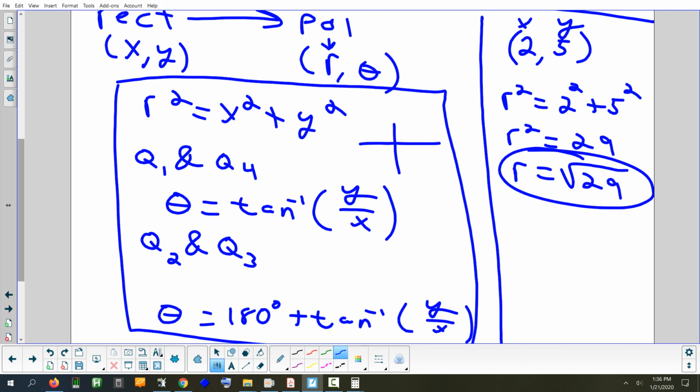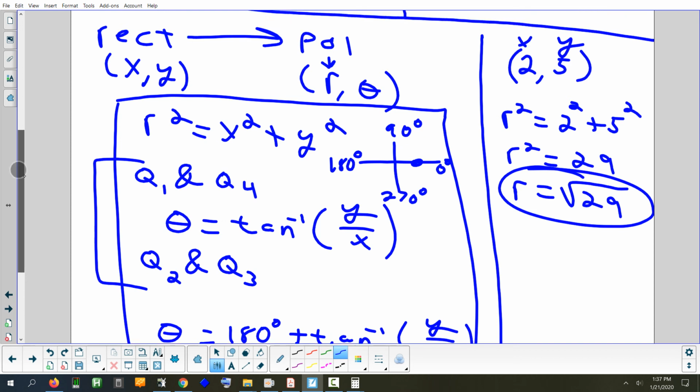If you have a 0, these formulas for quadrants 1, 2, 3, and 4 will not work. You just have to memorize that this is 0, over here is 90, over here is 180, and down there, that's 270.